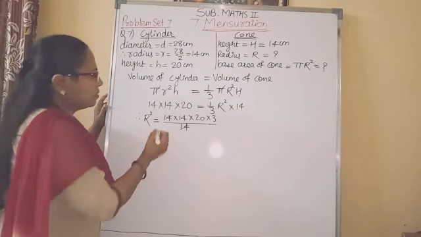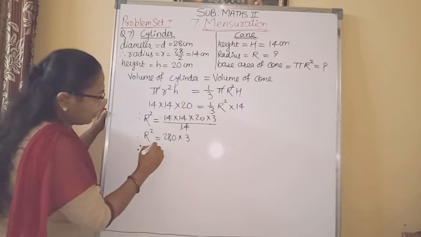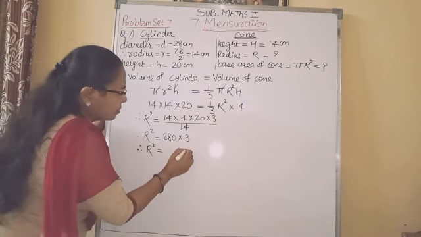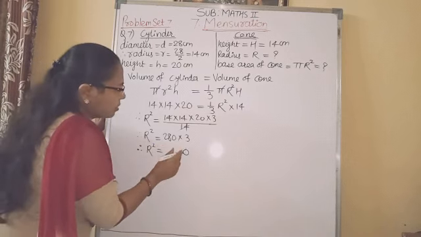Therefore, r square is equal to 14 into 3 into 20. So 14 2s are 28, means 280 into 3. So therefore r square is equal to, multiply this: 3 zeros are 0, 3 8s are 24, carry 2, 3 2s are 6, 6 plus 2, 8.